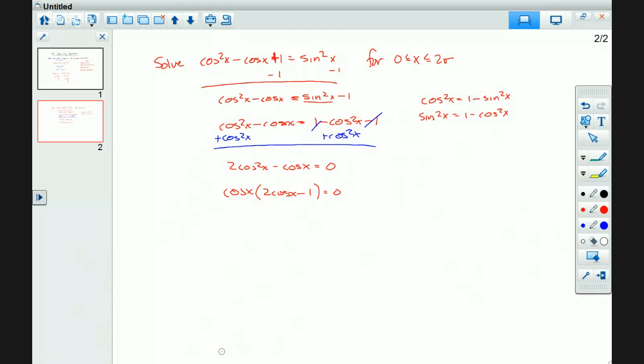Are we doing okay? Up here, you see how I set them each equal to 0? It's the same idea.